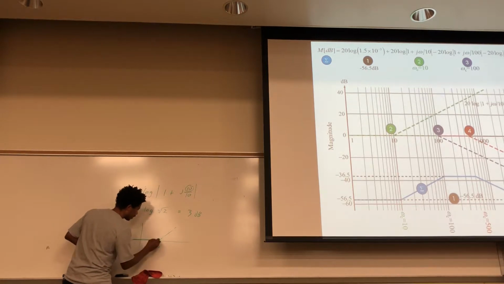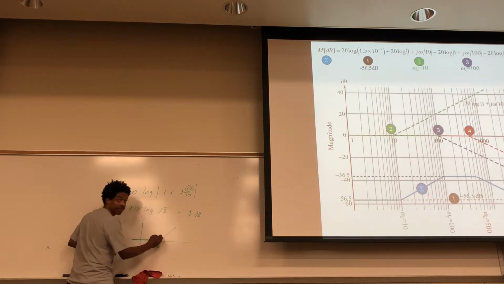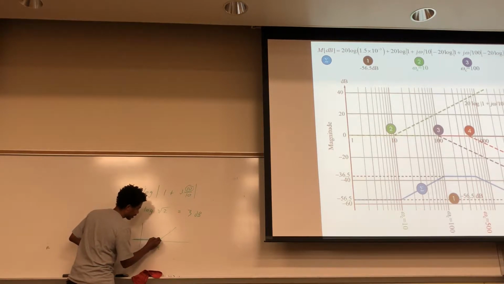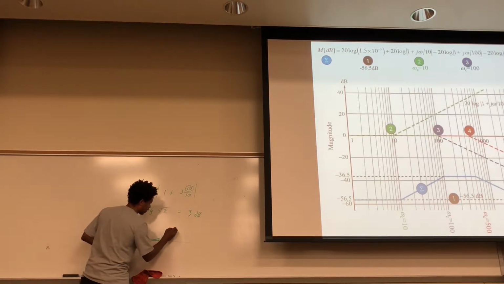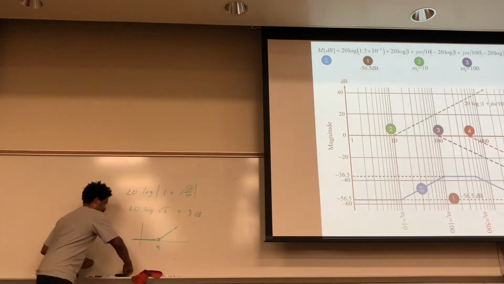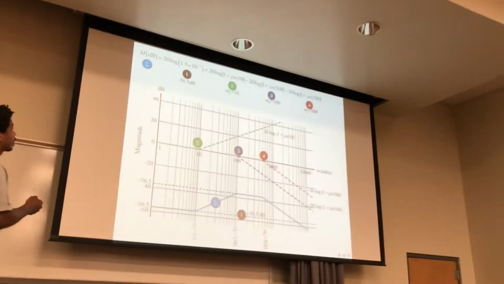But really, you have this 3 decibels right there. So in actuality, it may asymptote to these values right here, but at that point, it crosses 3 decibels, like that. Then asymptotes to that. Okay? That's how to make sense of that part right there.